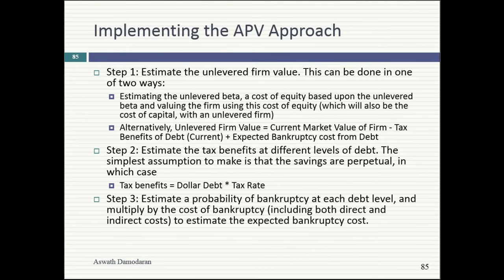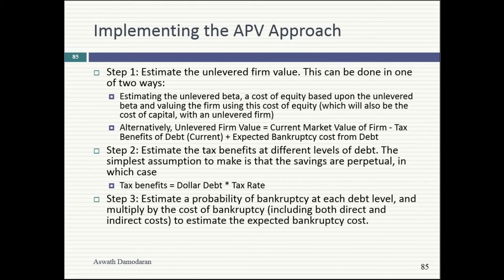The first step is you have to estimate what the value of your company would be if it had no debt. And there are two ways you can do it. One is you can take the cash flows of the company and discount it back at what its cost of capital should have been if it had no debt. Help me out there. If you have no debt, what's your cost of capital going to be? It's cost of equity. And what do I compute the cost of equity with? What beta?